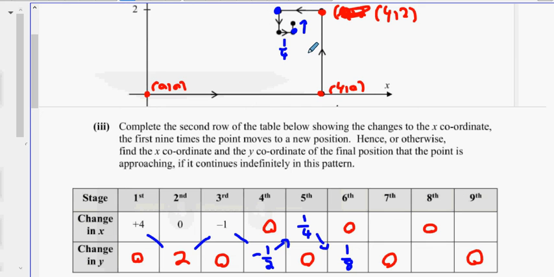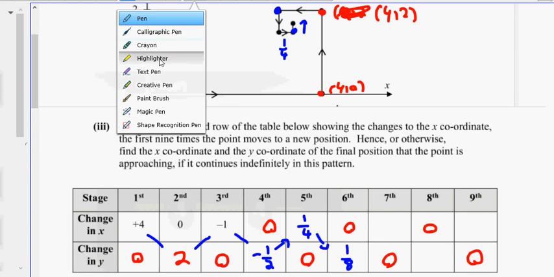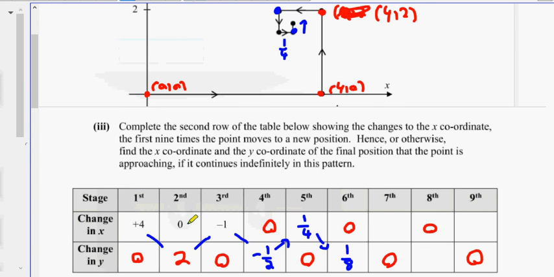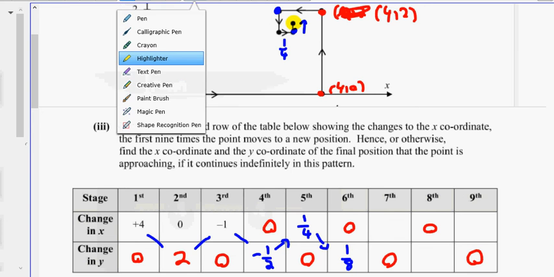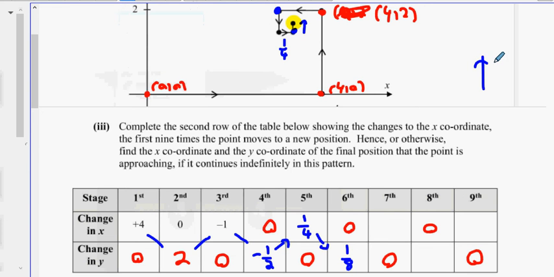It's like we're mirroring the image. Up an 8.